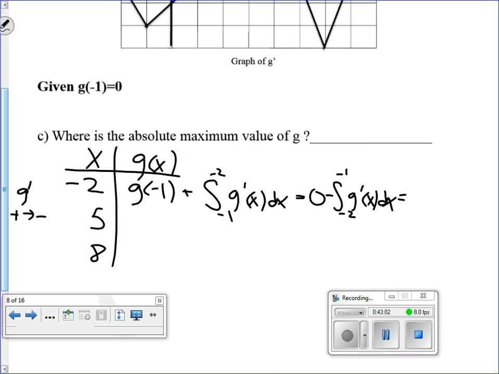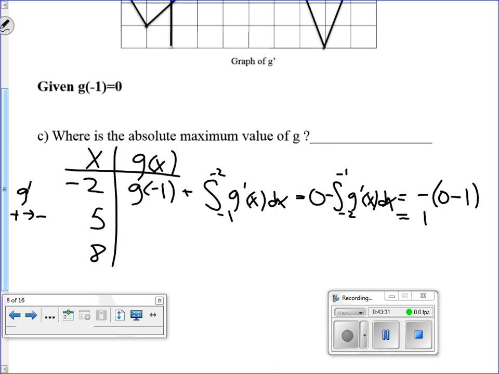If you look at your graph of g prime between -2 and -1, area above is 0, area below is 1. So the definite integral from -2 to -1 is -1, but again, we've got to multiply it by -1, so we get +1. So 1 is the value of g at -2.